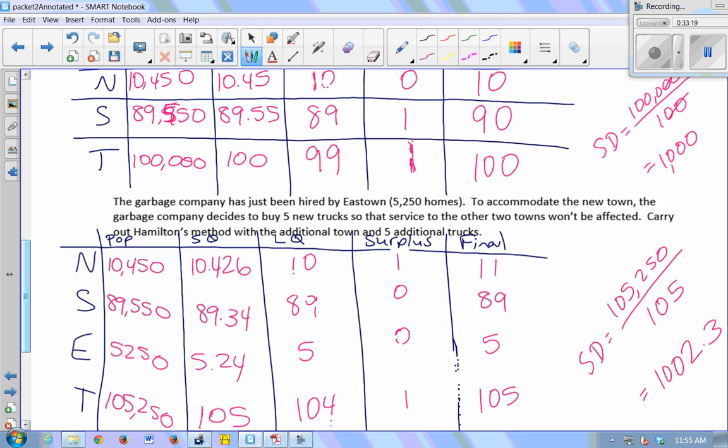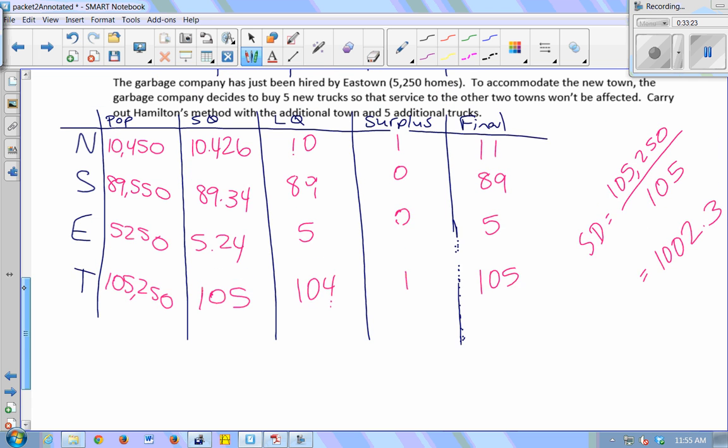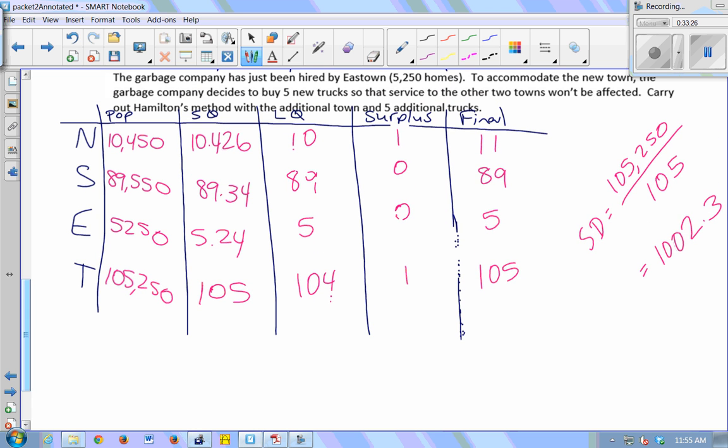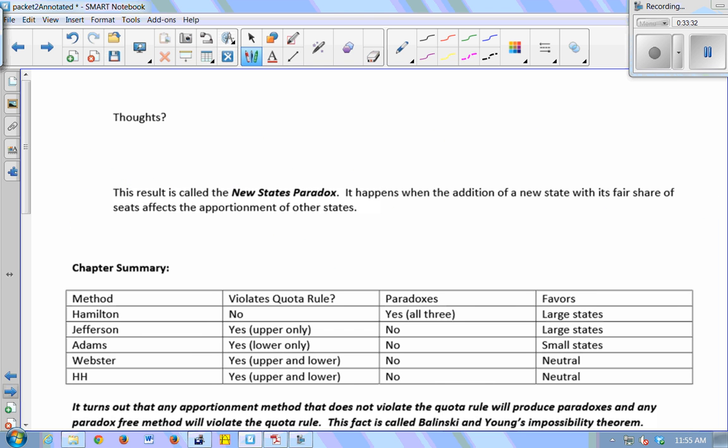So we had this weird thing happen where adding a new town with its fair share of trucks caused the apportionment for the other towns to change. And this is called the new states paradox. So, Southtown lost a truck to Northtown.